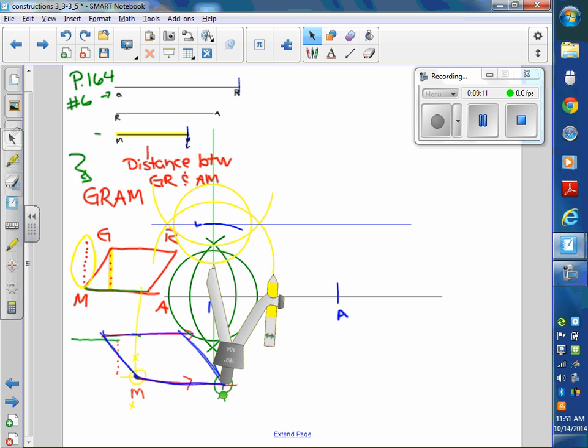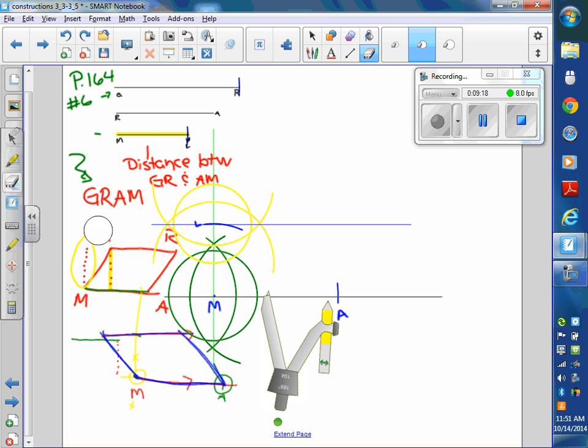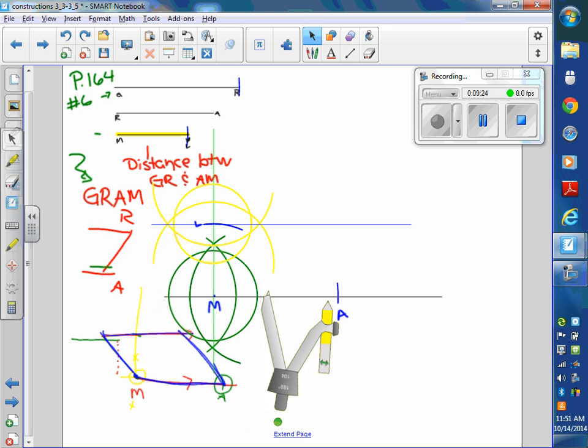So then, I don't really need this anymore. I'm just going to erase it so you guys don't have that in the way. But now I've got to mark off from M wherever this was G. I have to mark off G from M up on this blue line.